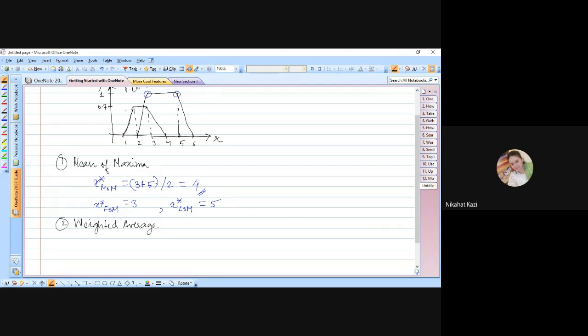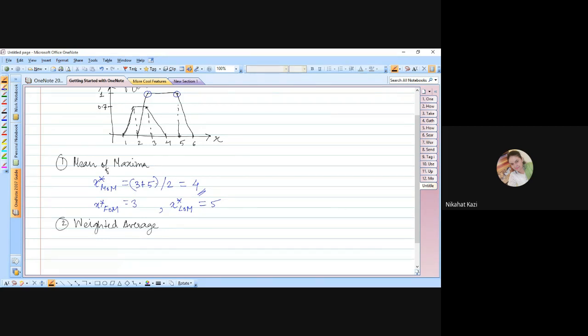Multiply this center with the corresponding membership values, add them up. So the center of each function multiplied with the corresponding membership, add them up, and divide by the sum of the membership. So that is the formula for weighted average.